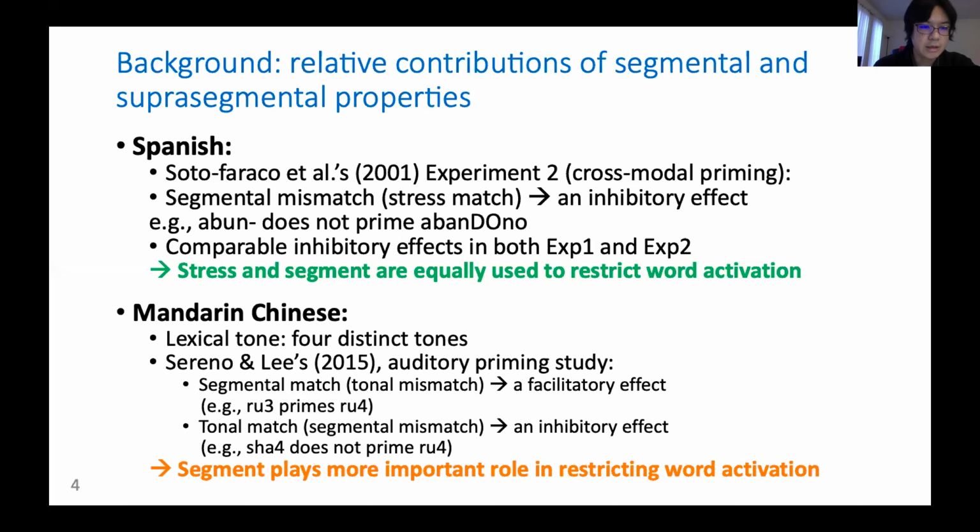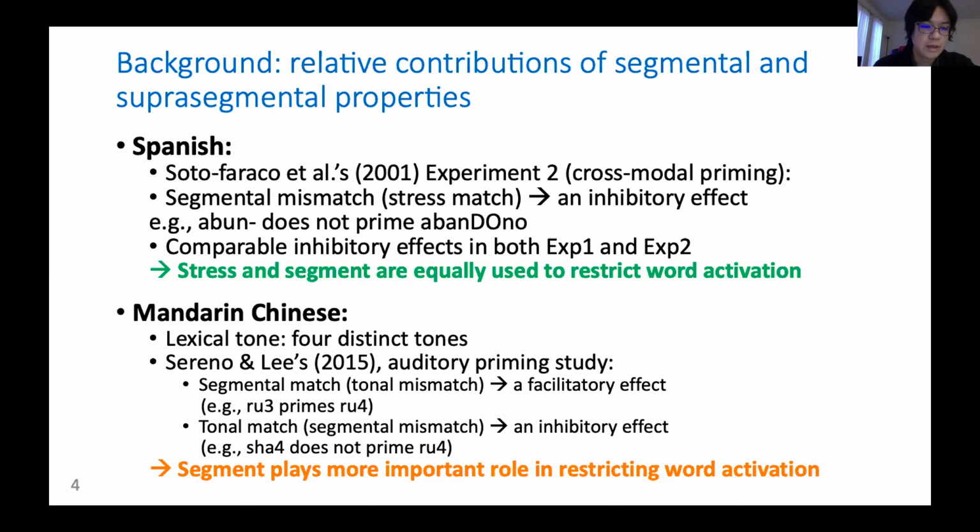On the other hand, in Mandarin Chinese, which is a lexical tone language with 4 distinct tones, Sereno and Lee conducted an auditory priming study, and they contrasted the following 2 conditions. In the first condition, primes and targets are matched segmentally but mismatched tonally. And in this condition, they observed a facilitatory effect on the lexical decision of the target.